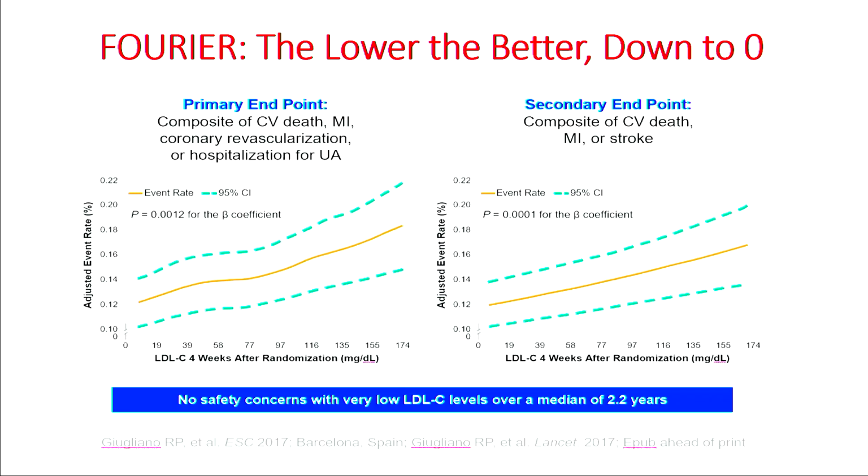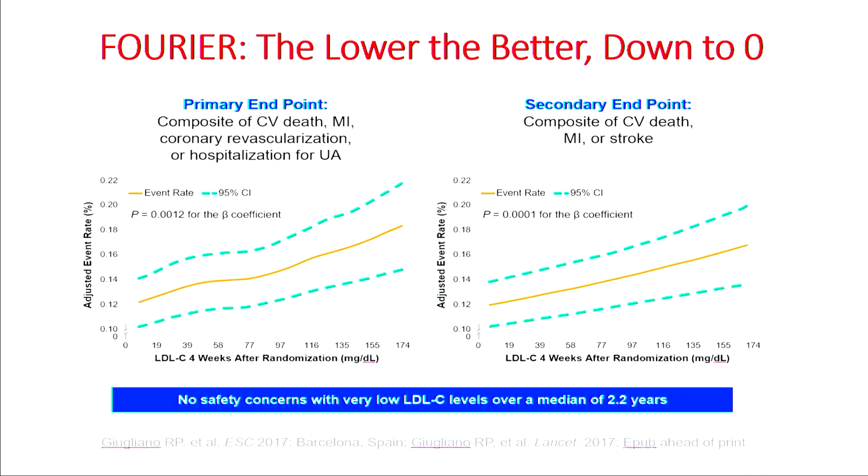This is a really nice study presented by Dr. Bob Giugliano at ESC and published in The Lancet that showed risk reduction as you get down lower and lower and lower. This is LDL getting to 58, 39, 19, down to 0, the event rate just goes lower and lower in terms of the composite of cardiovascular death, MI, revascularization, hospitalization for unstable angina.